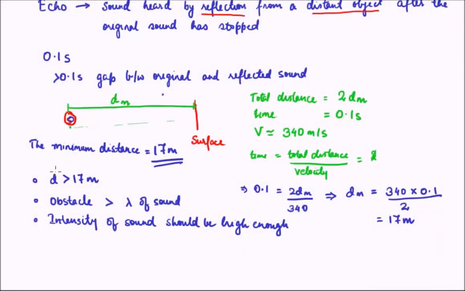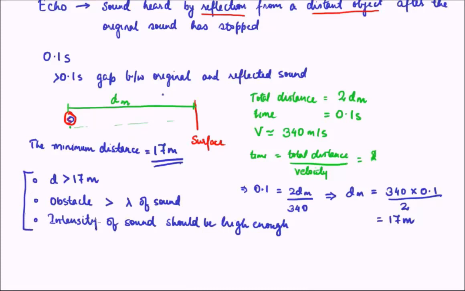So the intensity should be sufficient initially for the sound to have sufficient amplitude when it reaches the observer after reflection. So these are the conditions for an echo to be heard.